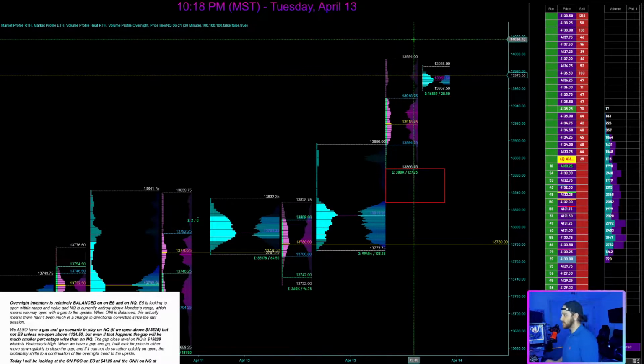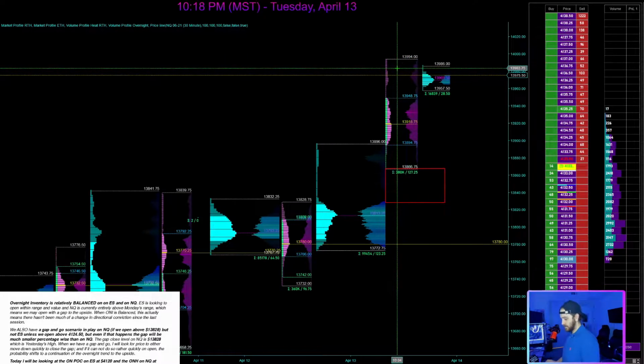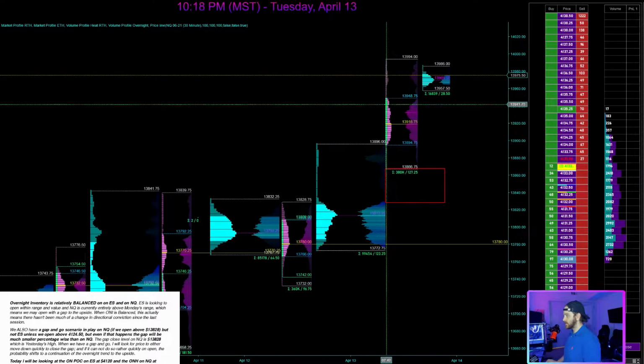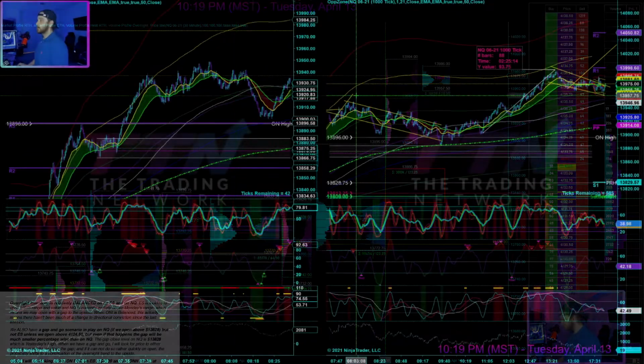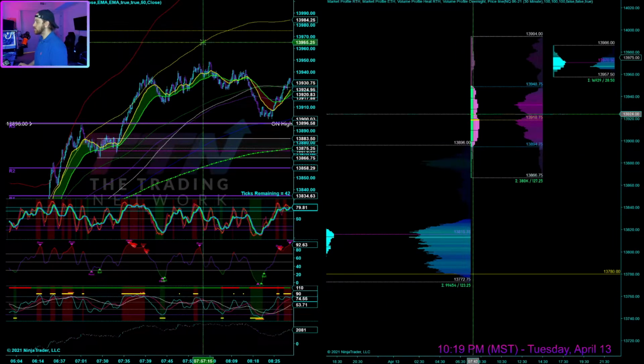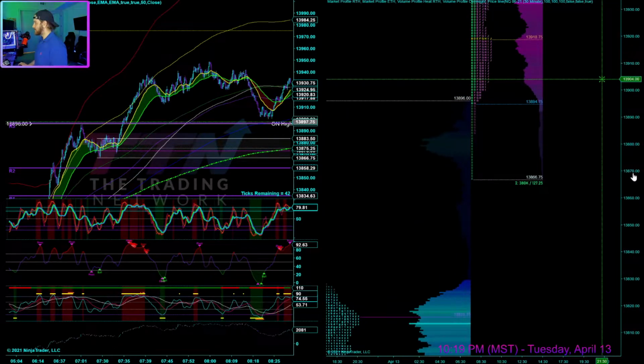Just to show you guys, I'm going to pull up my regular NQ chart and show you what it looked like off the open. You can see that we basically got an open drive profile structure. An open drive means we open up and drive in one direction immediately.